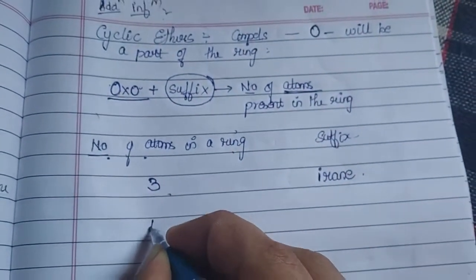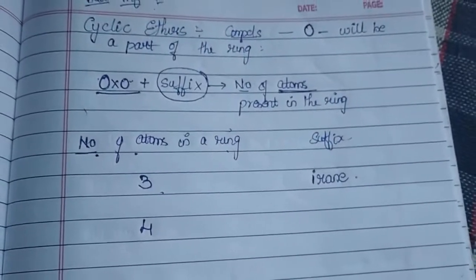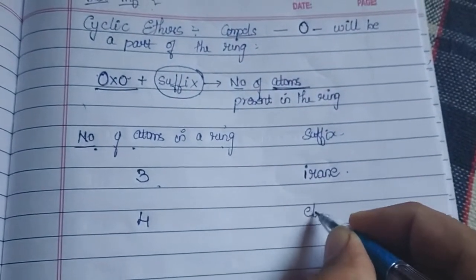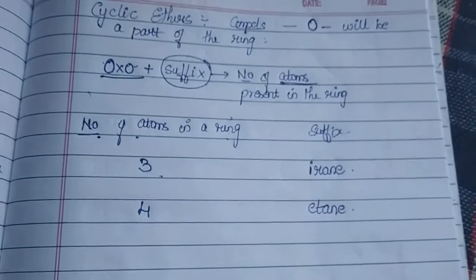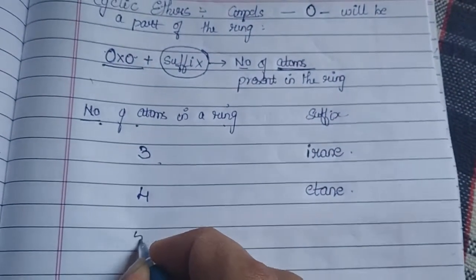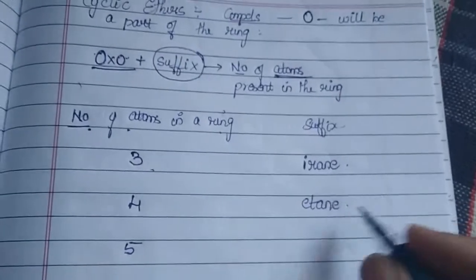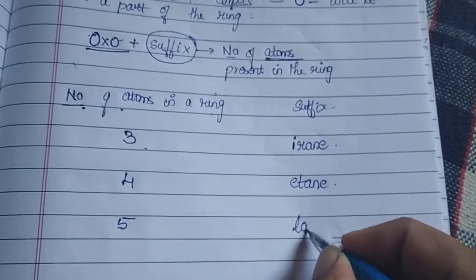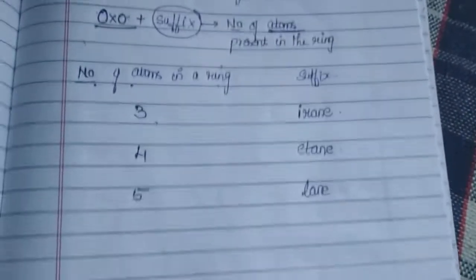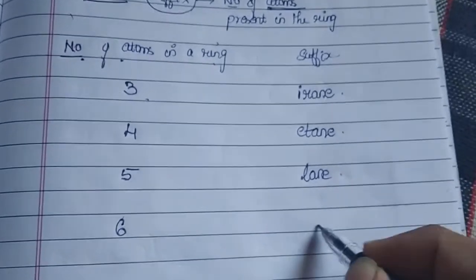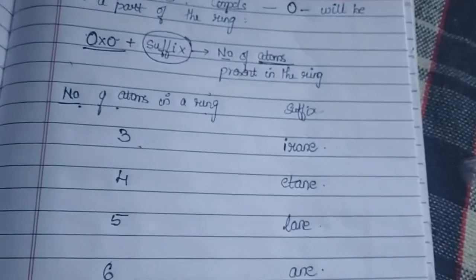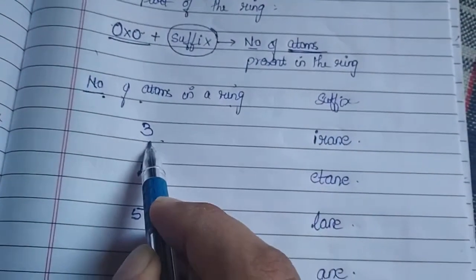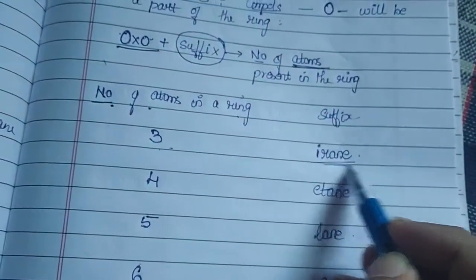If the number of atoms in a ring is 4, then I would use my suffix as ethane. If the number of atoms in a ring is 5, I would use the suffix lane. If it is 6, then it will be called ane. This much is enough for your level. So if the number of atoms in a ring is 3, it will be given the suffix irane.